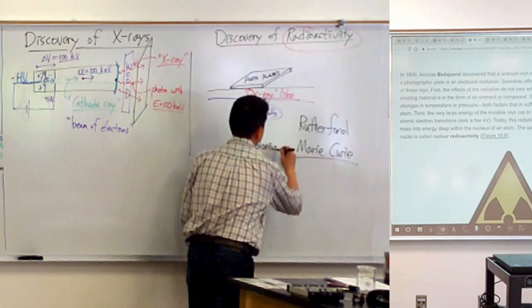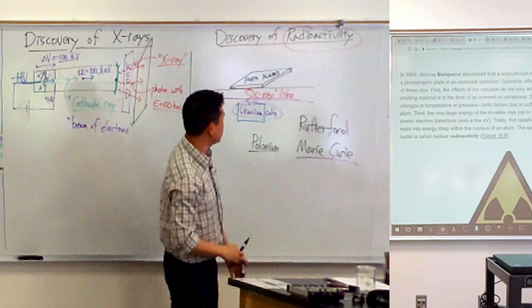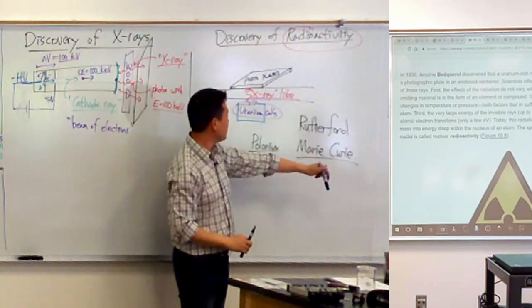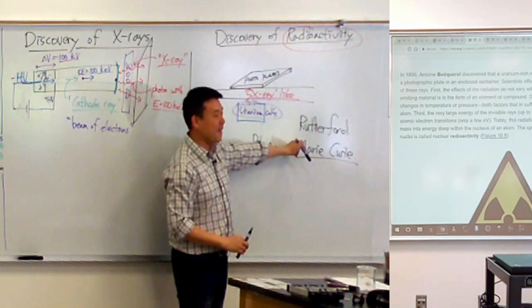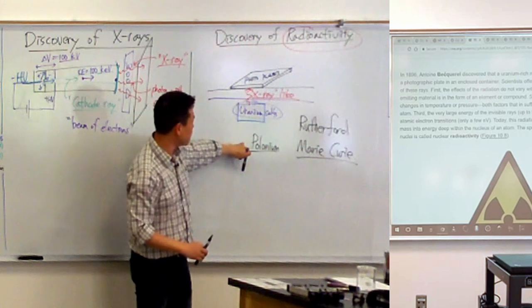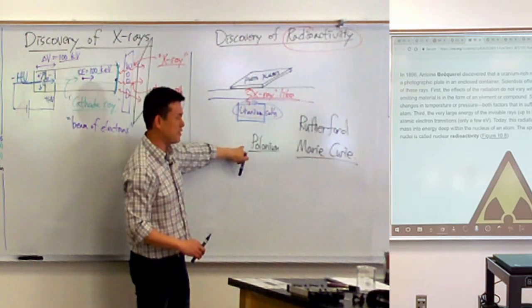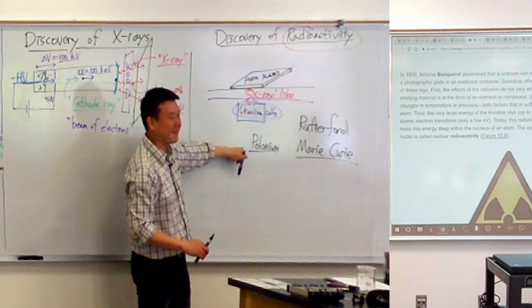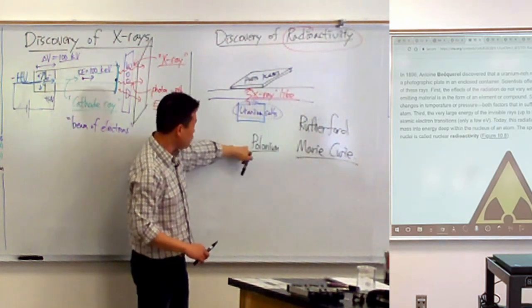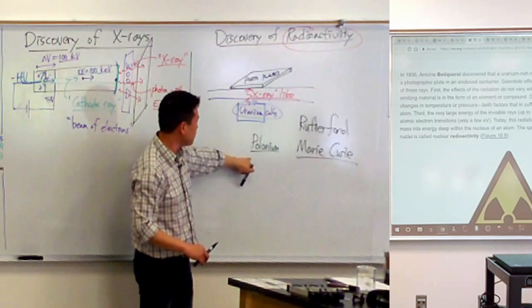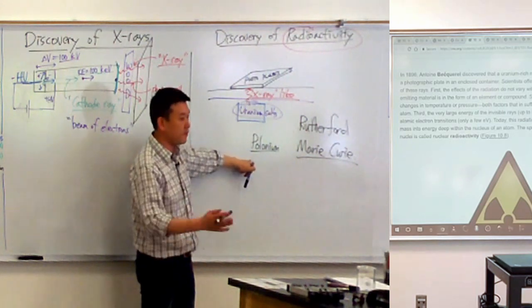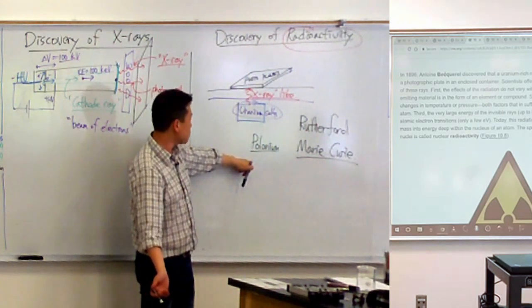The reason it's easy to remember is that she was a scientist working in France, I think, and she named polonium after her home country, which I guess was being ruled by Russians at the time. I don't know who would be ruling Poland back then. But polonium is one of the elements that have radioactive isotopes.